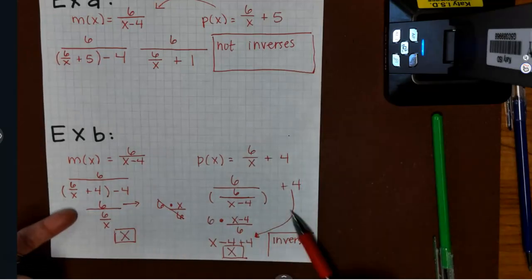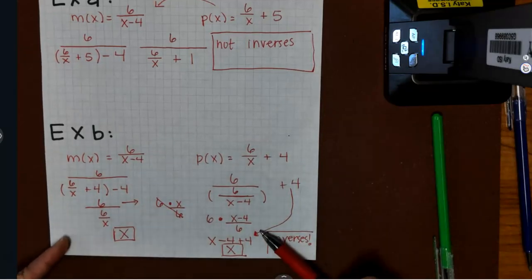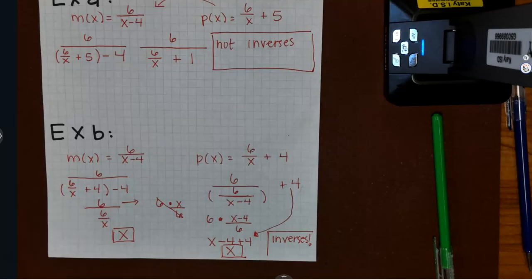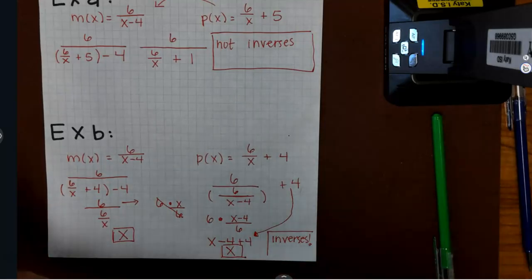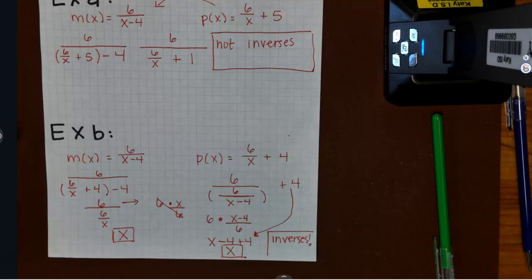No. Did everything cancel out down here except x? Yes. What is x? Is it an input or an output? Is it independent or dependent? It's independent. If it's independent, can you change it? If the input was a 2, can you change the value of a 2?